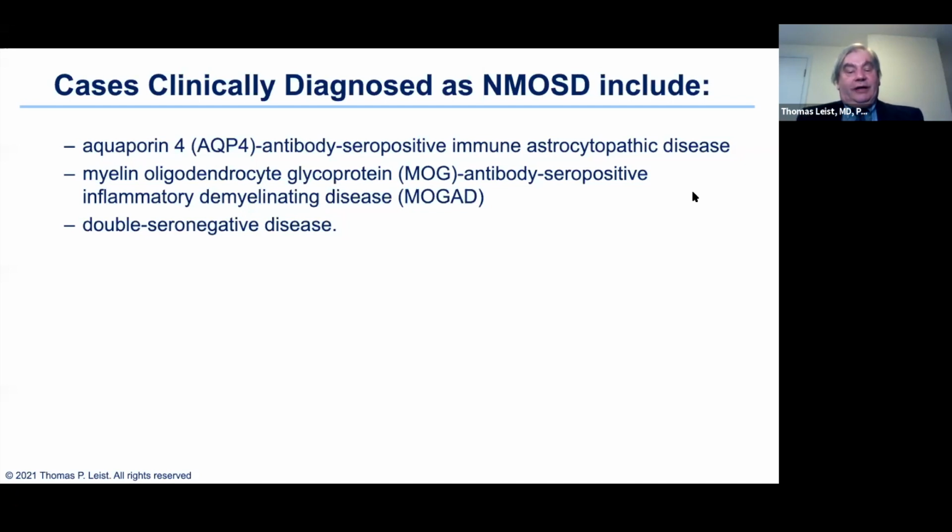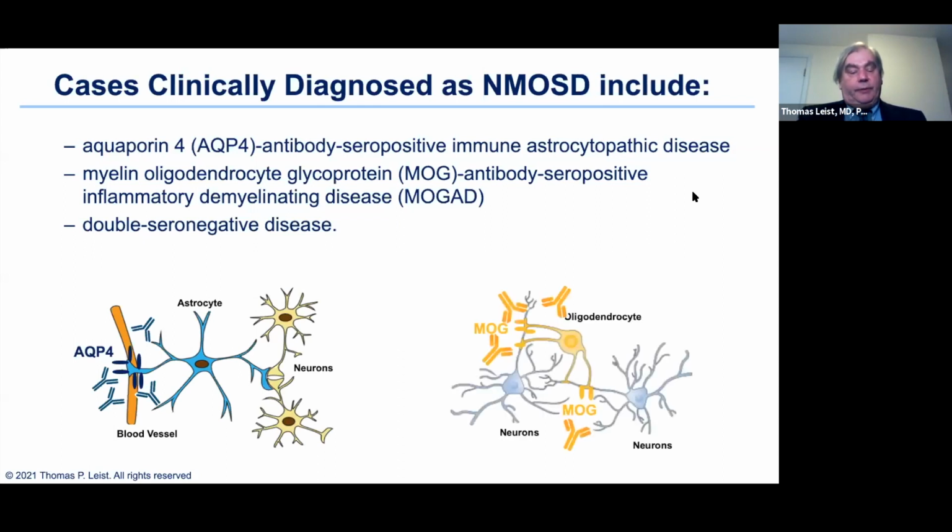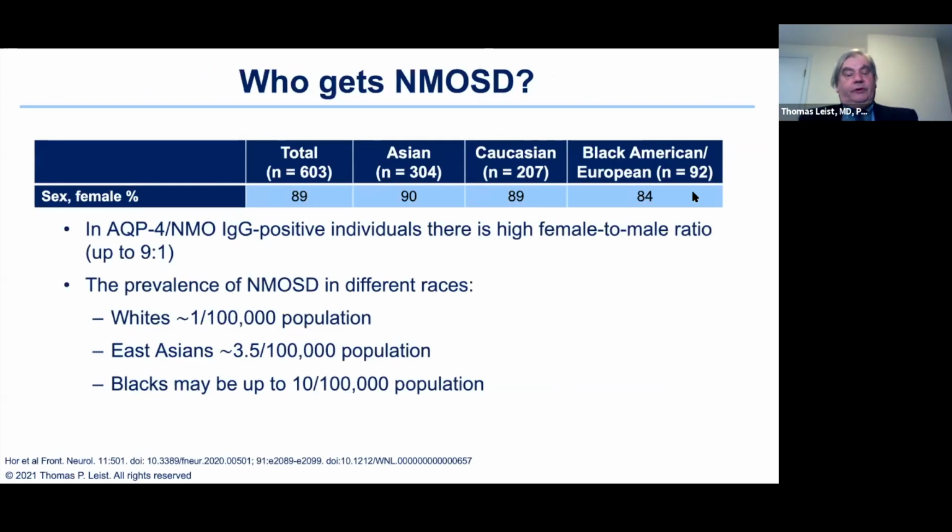As you hear in this word, oligodendrocytes are the cells in the central nervous system that make the myelin that enwraps the nerve cells within the central nervous system. And then we have the individuals that are double negative. So the two big features here, a disease against the astrocytes and a disease against the oligodendrocytes, are both included in the group of patients that have neuromyelitis optica.